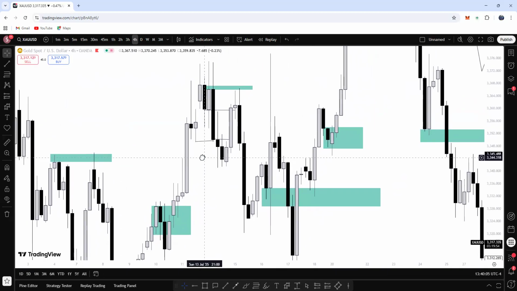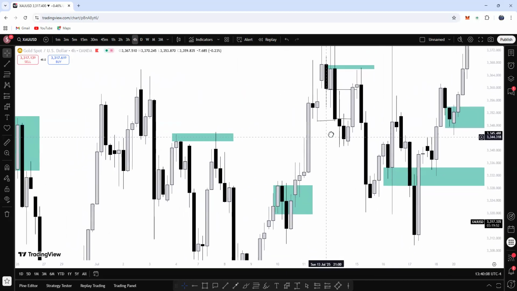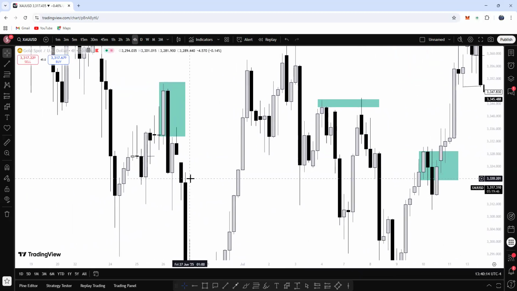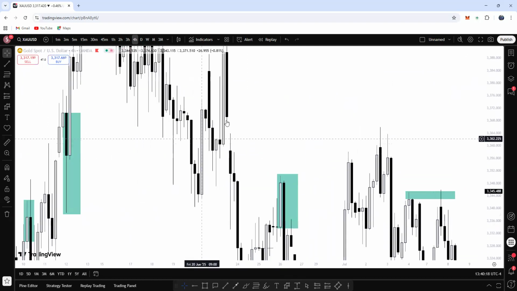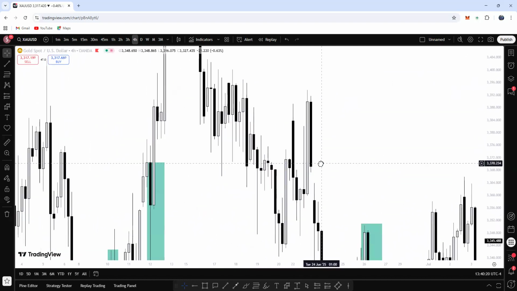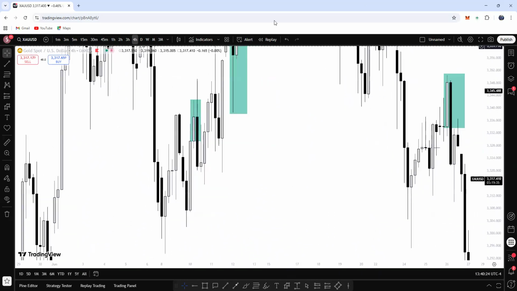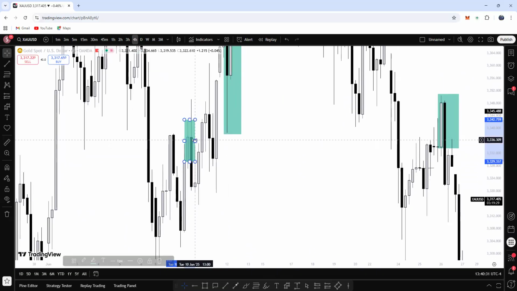Let's look for another example again where we have a failed engulfing candle. Failed engulfing is very, very powerful. We have this another failed engulfing also.